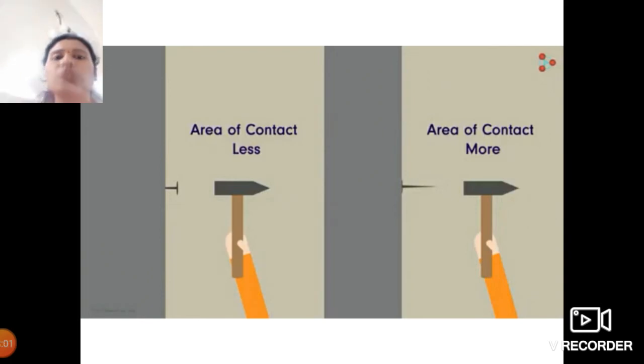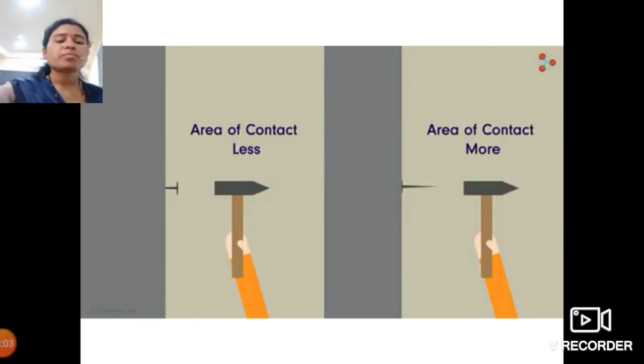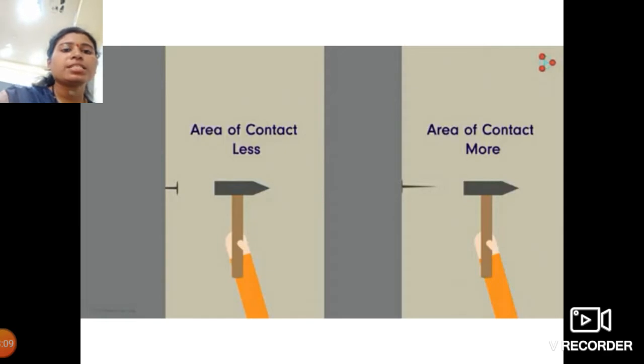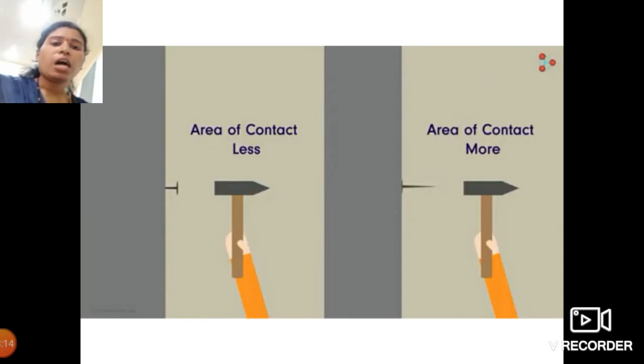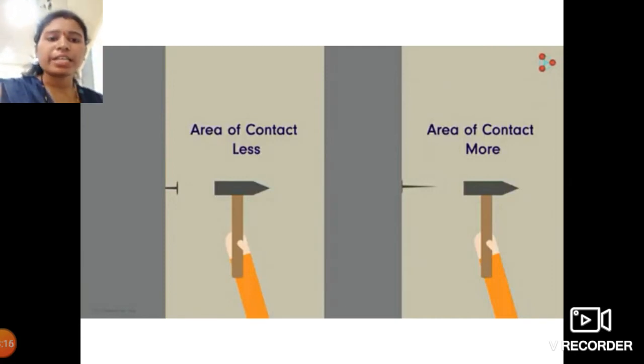Yes students, did all of you get it? What exactly is the area, what is the pressure, and how are they interrelated? So that is why it is easy for the tip to pierce or penetrate through the wall.